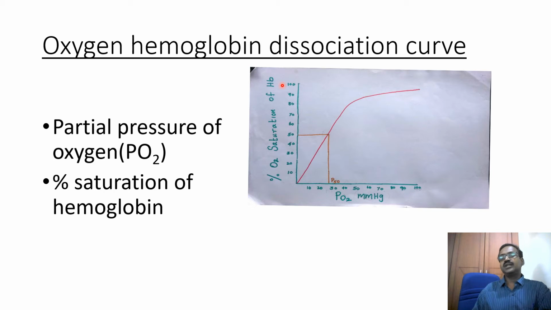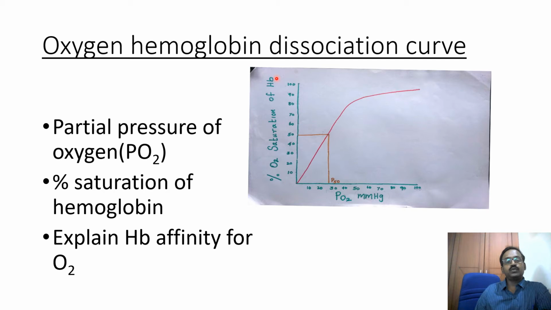This is derived from the oxygen content divided by the oxygen capacity, multiplied by 100. Oxygen content is the amount of oxygen actually carried by hemoglobin, and oxygen capacity is the maximum amount of oxygen that hemoglobin can carry. This curve explains the hemoglobin affinity for oxygen.